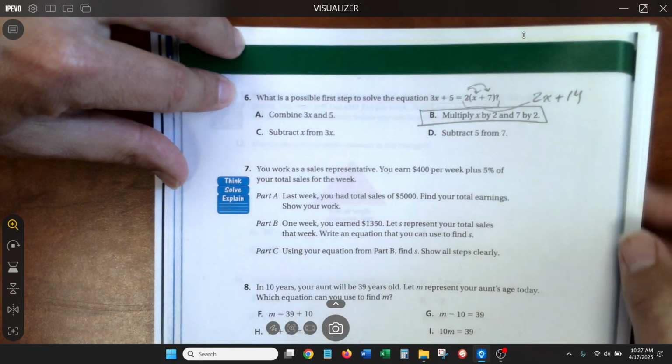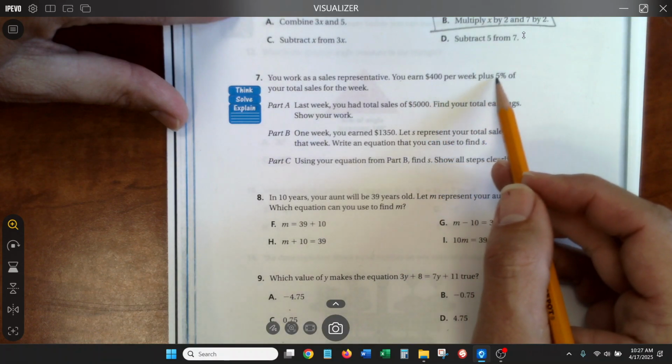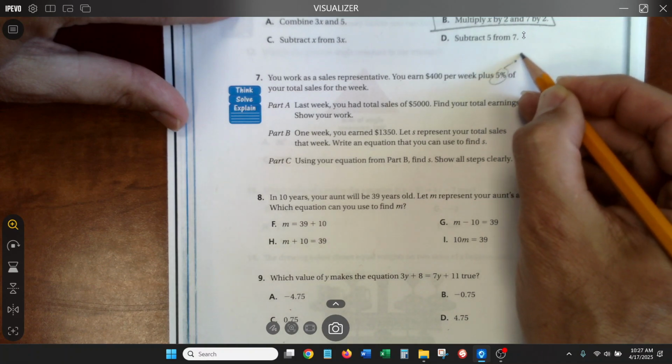Number 7, you work as a sales representative. You earn $400 per week plus 5% of your total sales. 5% is 0.05.